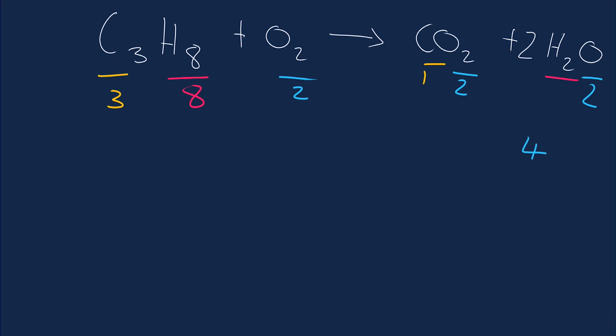And we are also going to have 4 hydrogen here, remember, because just because we've put 2 in front, we don't get to only change how much oxygen we have, we also change how much hydrogen we have too.